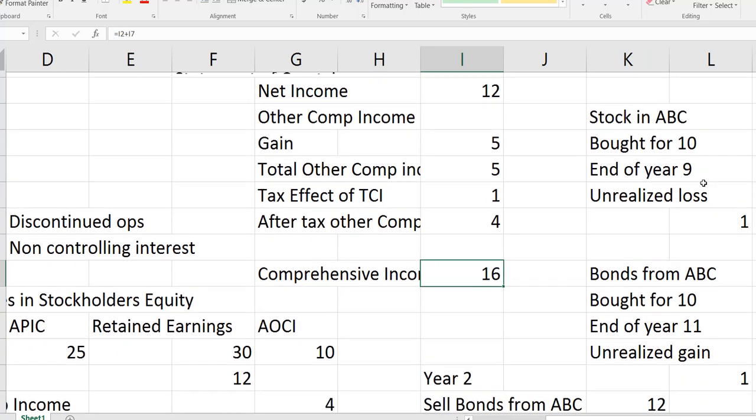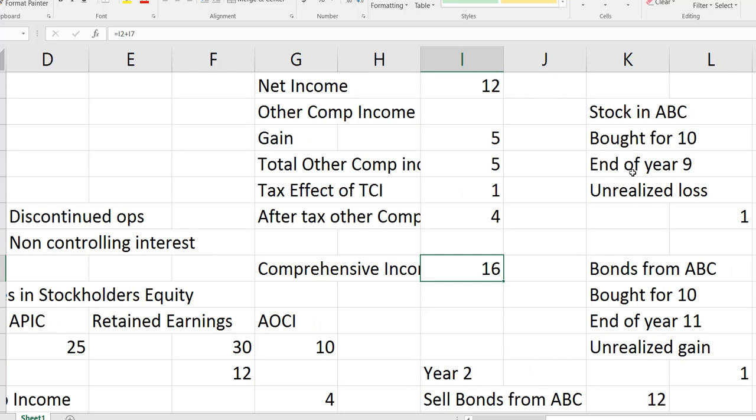Now, we talked a little bit also about gains and losses. So our example was stock in ABC bought for $10, end of the year it's gone down to $9. That's what we refer to as an unrealized loss. Because it is stock, it doesn't matter if we sold it or if it's unrealized and just went down.